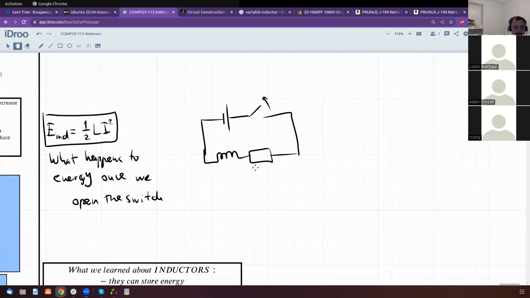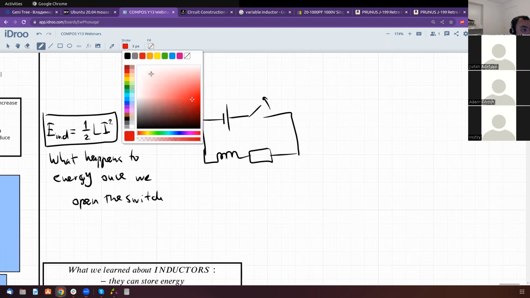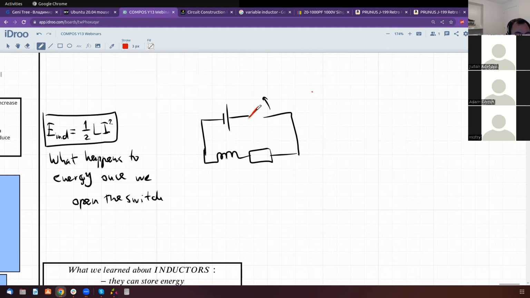Well, look at this. Look at this switch. Bam, bam. Does it remind you of anything? Does this open switch remind you of anything?